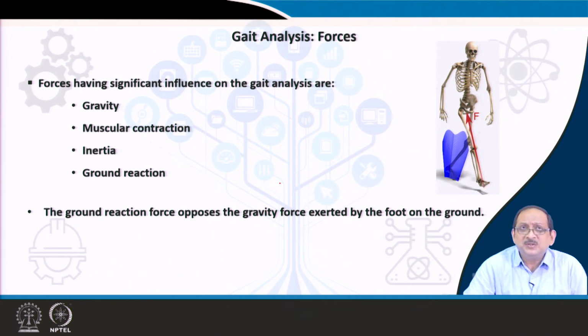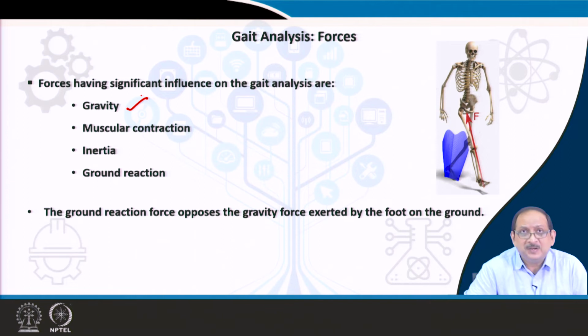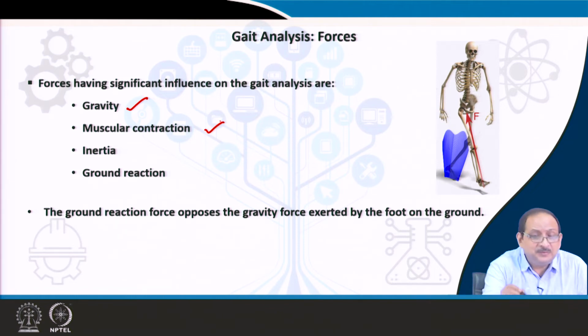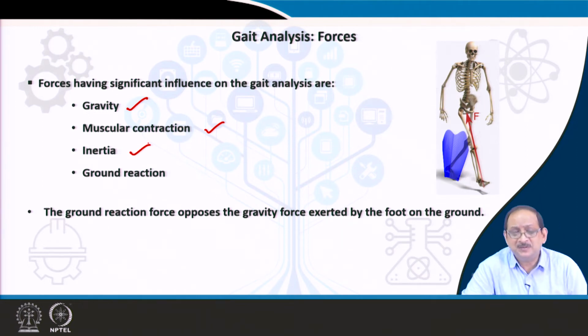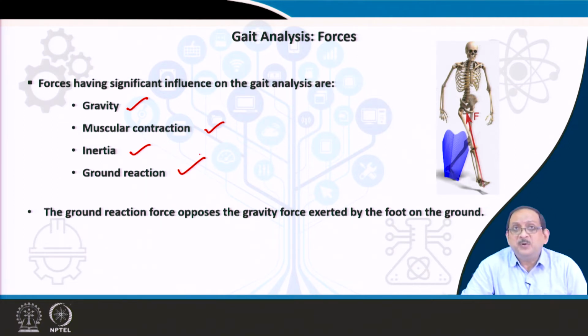The forces that have significant influence on the gait analysis are the gravity force, that is the weight of the body, the muscle contraction forces, the inertia forces, the mass of the body, and very importantly, the ground reaction forces.